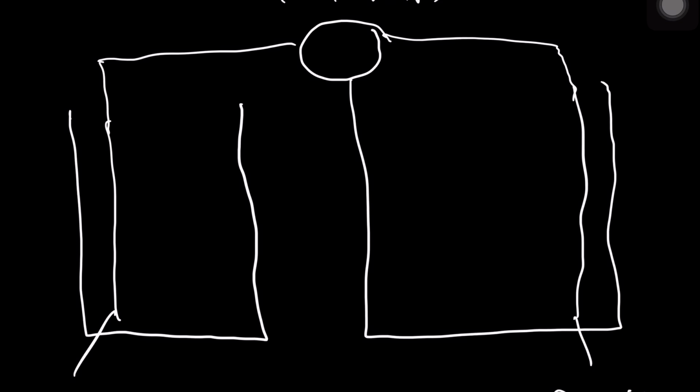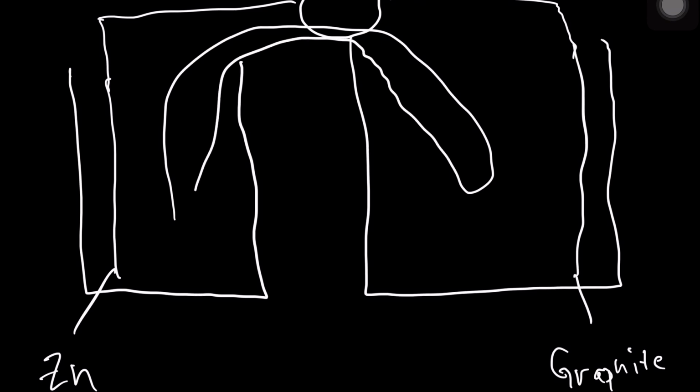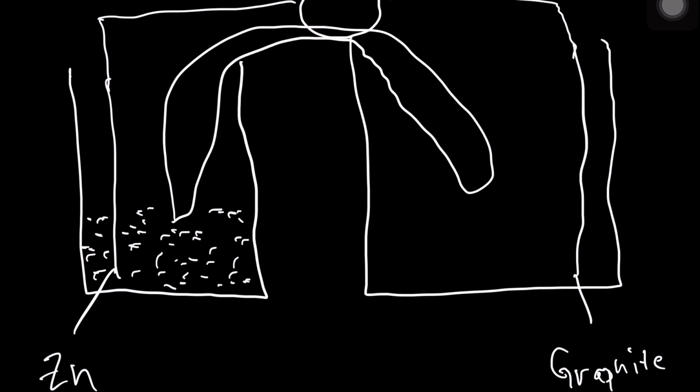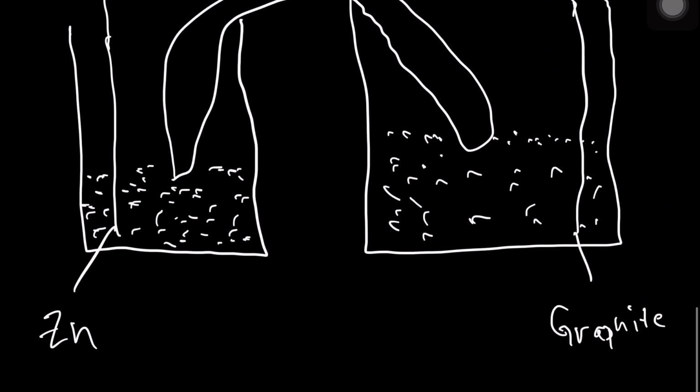We have a salt bridge to balance the charges. And here they have some dry electrolyte, hence it's named dry cell. So instead of having a liquid electrolyte, it has a very dry electrolyte. Now, this electrolyte is ammonium chloride.